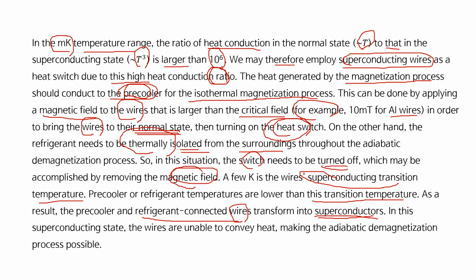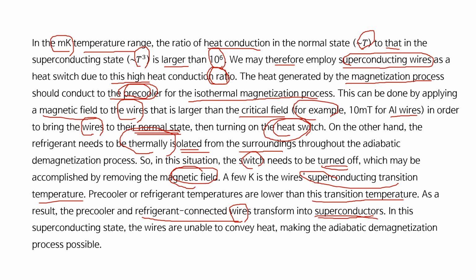Then the temperature of the surroundings is less than the superconducting transition temperature, so the wire becomes a superconductor, and heat cannot be transferred from the outside to the refrigerant.